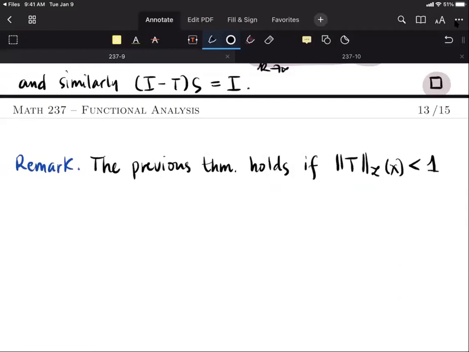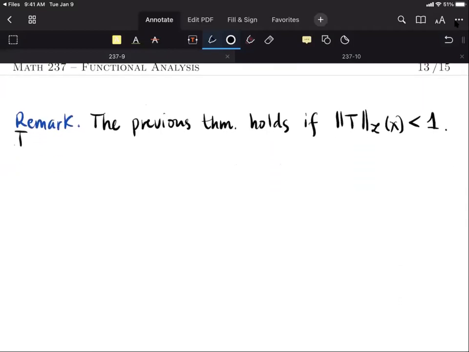Indeed, you can show this as follows. Taking the norm of T^m in L(X), this is less than or equal to the norm of T raised to m, according to the submultiplicativity of the operator norm.